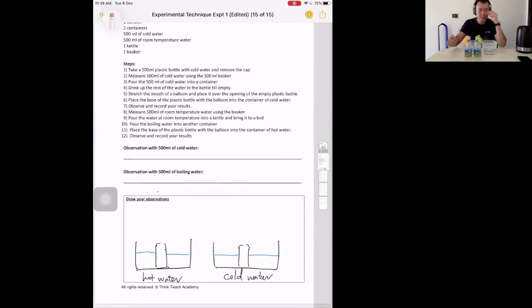Now I have two bottles that are equal and both have a balloon on it. I'll put one in the cold water and one in the hot water.